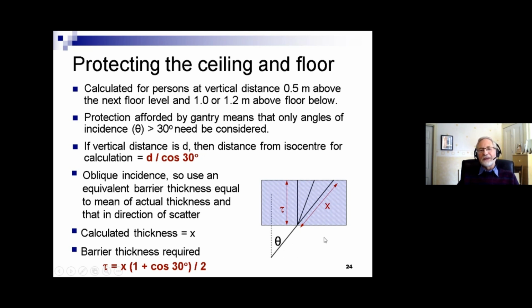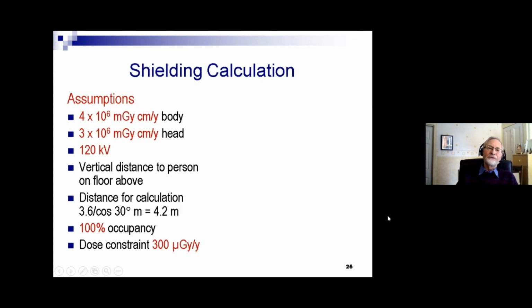So if the calculated thickness is x, then the thickness of barrier that we require is given by this equation here. So we're averaging the different thicknesses if you look through different directions.